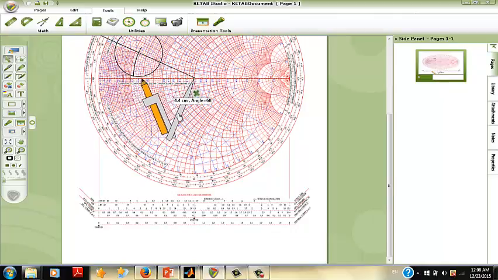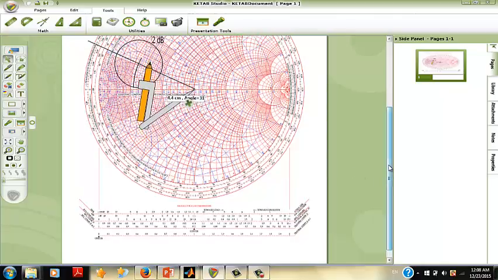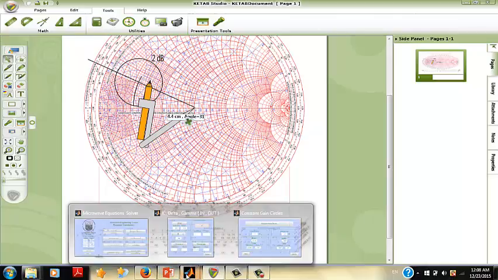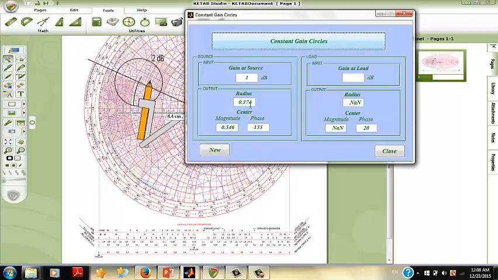From the center, now the radius is 0.374.